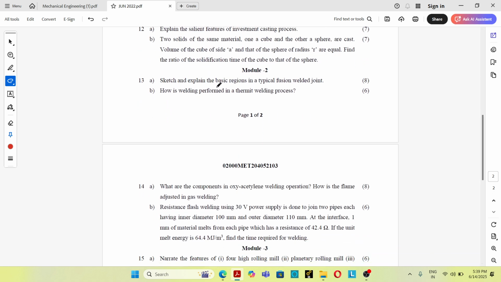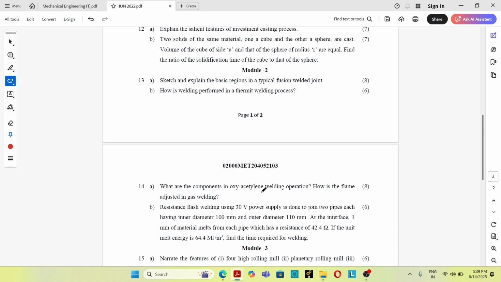Sketch and explain the basic regions in a typical fusion welded joint. What are the basic regions in fusion welded zones? Fusion zone, HAZ, unaffected base metal. Okay. How is welding performed in thermit welding process?